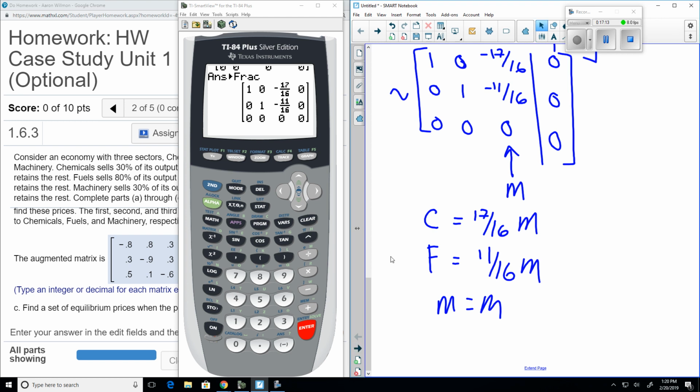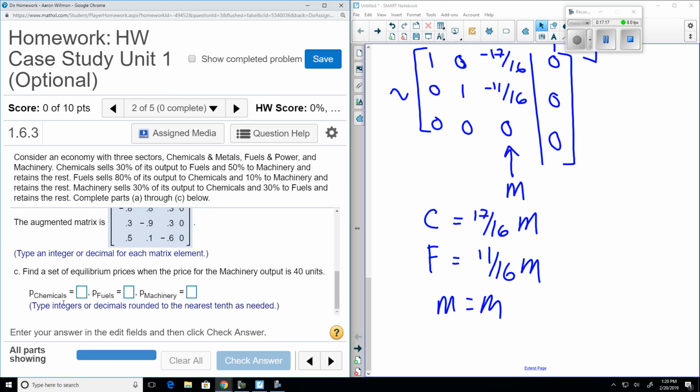So this says, find a set of equilibrium prices when the price for the machinery output is 40 units. 40 units means whatever units your price is, okay?